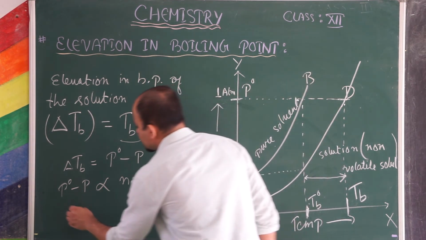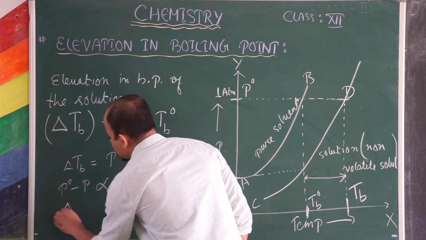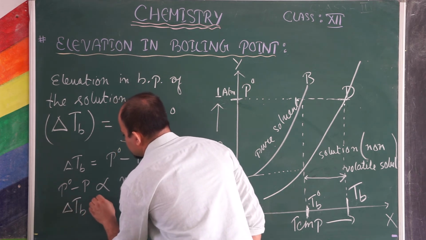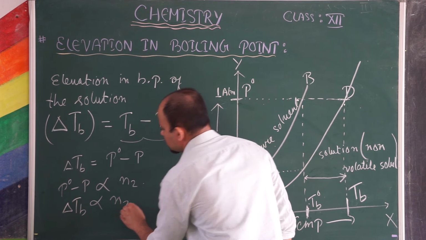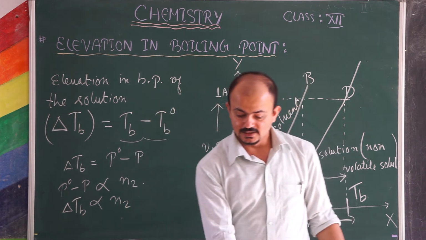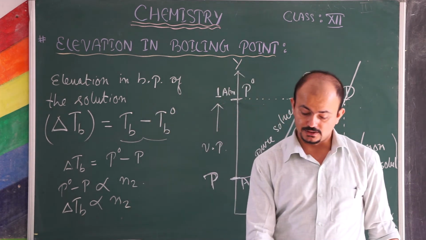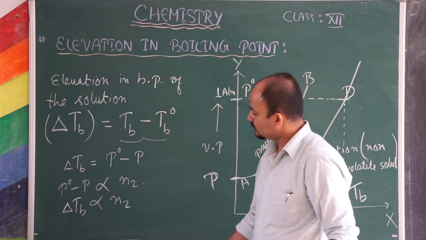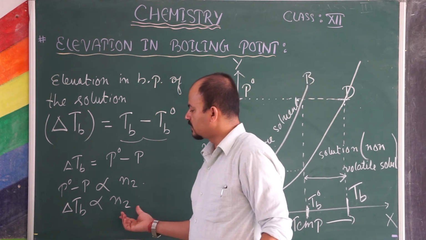Therefore, this delta TB is directly proportional to N2. So this shows that this is a colligative property. So delta TB is directly proportional to N2.